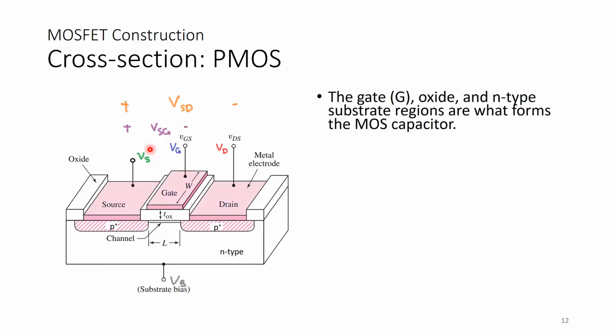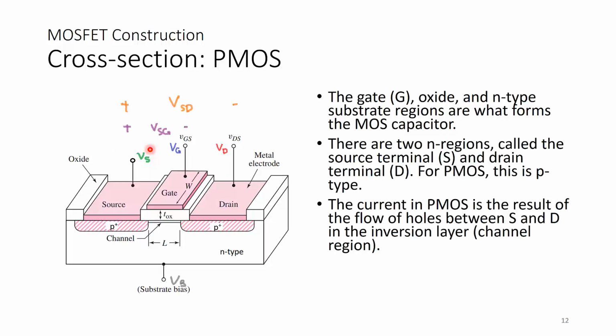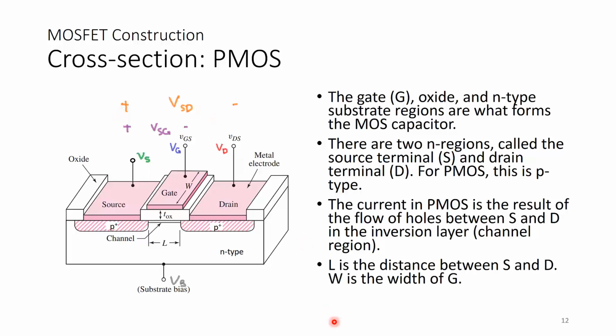Same thing for PMOS: you can apply VS, VG, and VD, but VSG is what is put into the expressions, the voltage between the source and the gate, and VSD, the voltage between the source and the drain. And L again is the distance between source and drain, and W is the width of the gate.